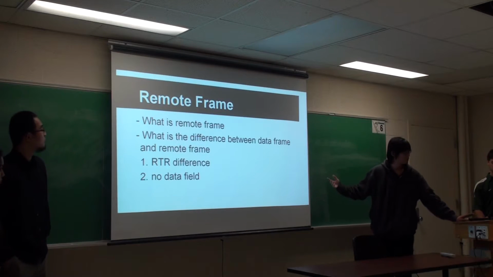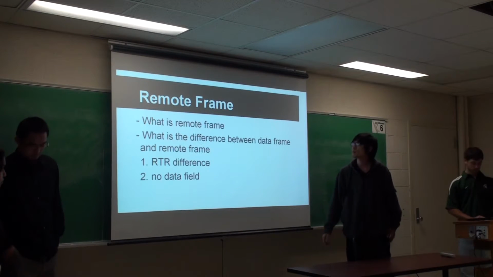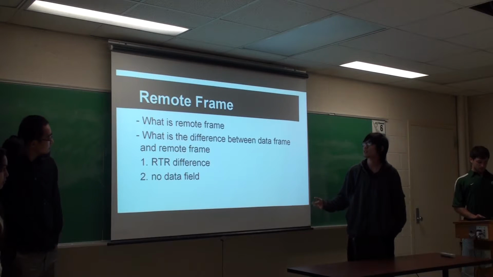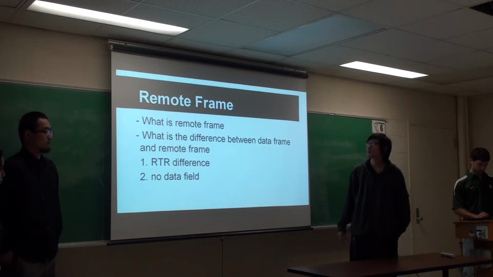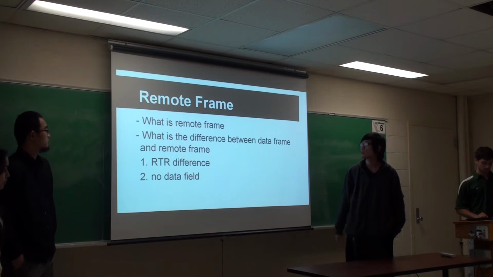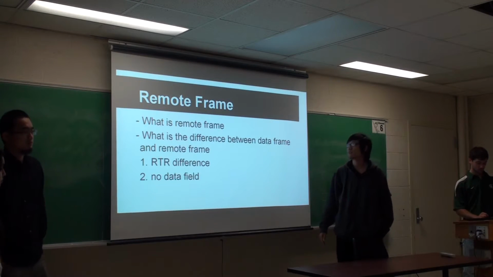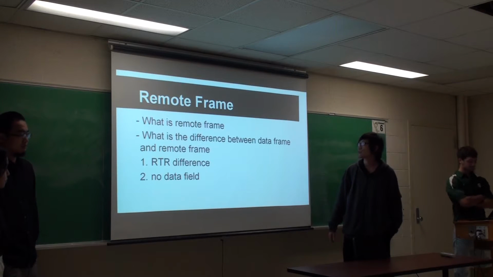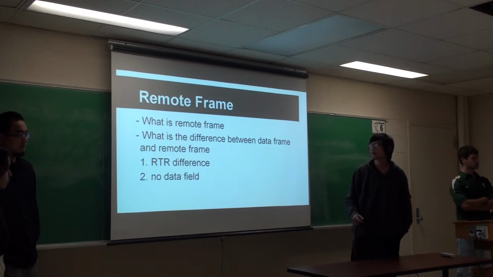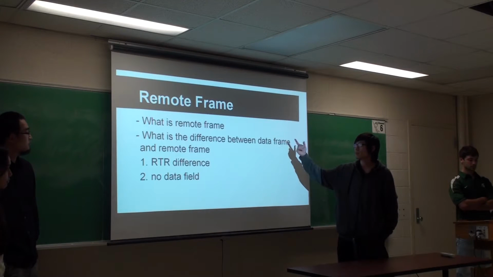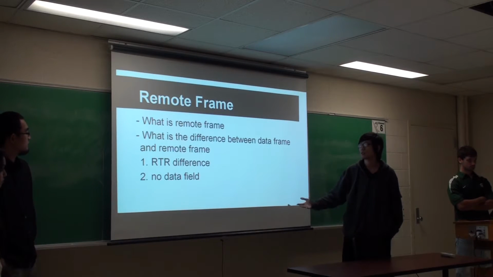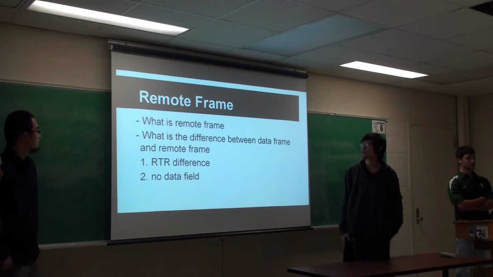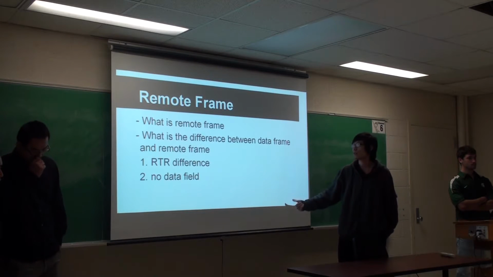And for the remote frame, it basically is a request for transmitting a specific identifier, and there are two differences between the data frame and the remote frame. One is, as I mentioned before, the RTR: the remote frame is 1 and the data frame is 0.